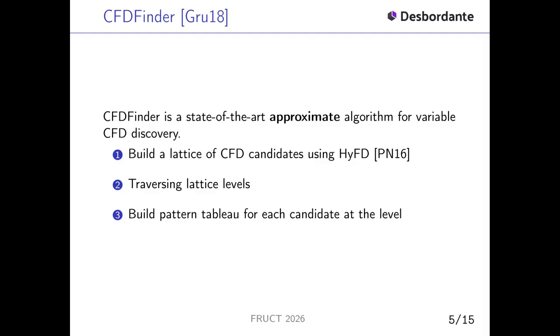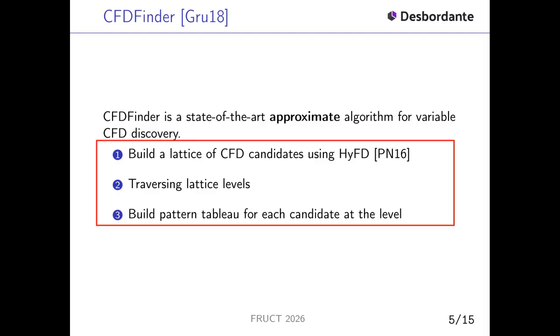Its method is based on lattice traversal. This lattice is formed from the most generalized invalid FDs, which can be found using an algorithm for mining FDs called HyFD. The algorithm looks through all the candidates at the lattice levels, starting with the most specialized ones and moving on to the more general ones.